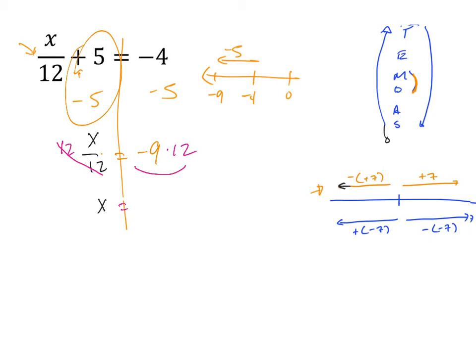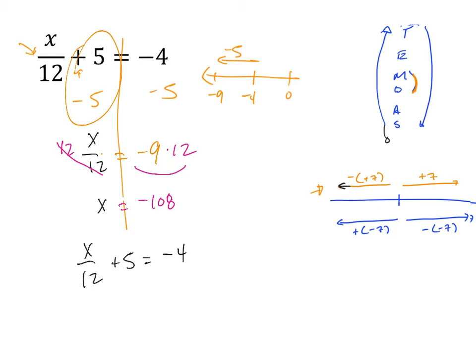And negative times a positive is a negative. 9 times 12 is 108. So I have negative 108. So x equals negative 108. So now when I check this, I'm going to have x over 12 plus 5 is supposed to equal negative 4.